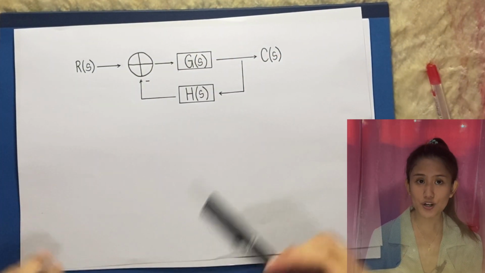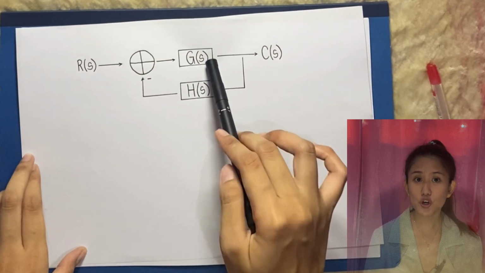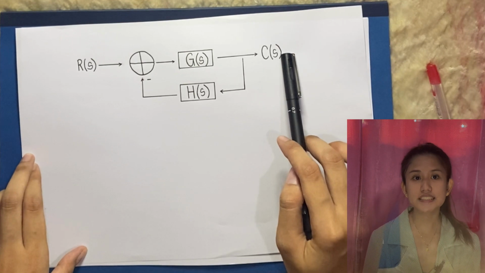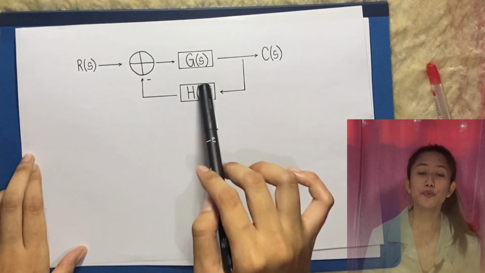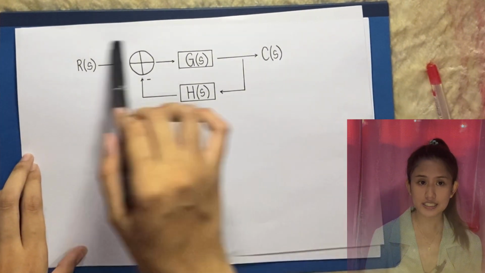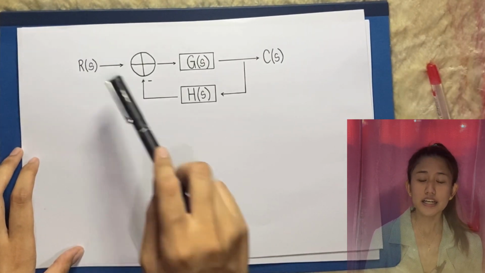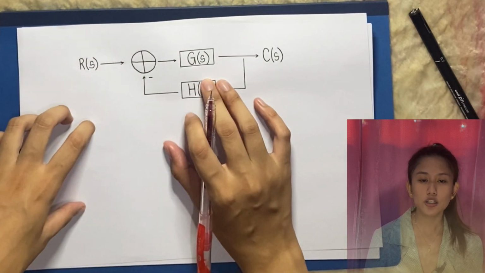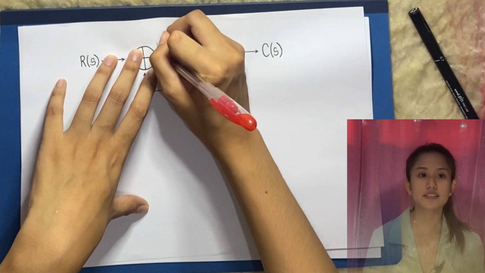Then the system has a transfer function of G of S, and of course we have output, which is C of S. Then from feedback, we have the feedback gain, which is H of S. So you can see this is our system. Input and feedback, that would be an error, so we can say that it is E of S.